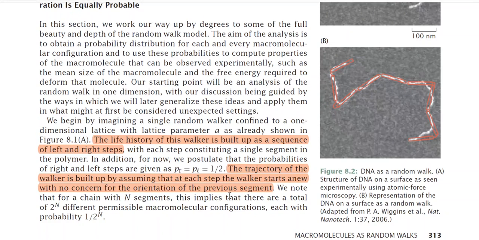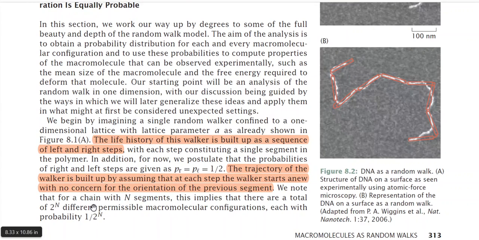This is one of the important points regarding the random walk: the left and right steps are equally probable, but also, after a step is completed and a new step is going to start, the random walker starts afresh. He does not know about the previous orientation. So the basic thing is that these movements are not correlated; they are uncorrelated.